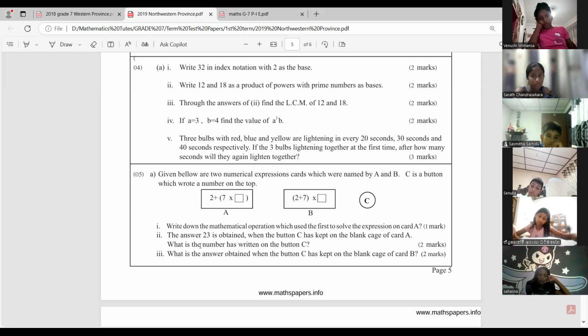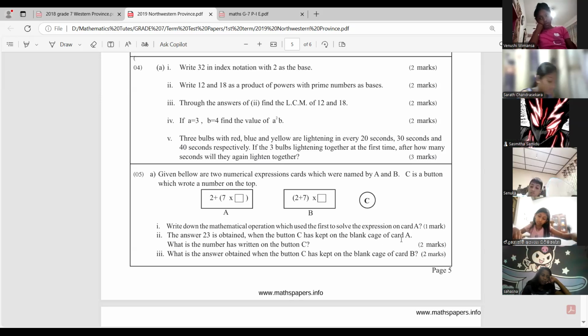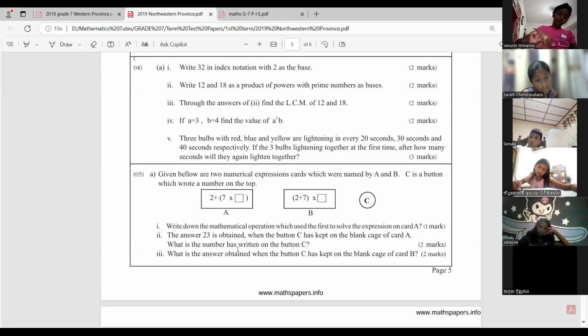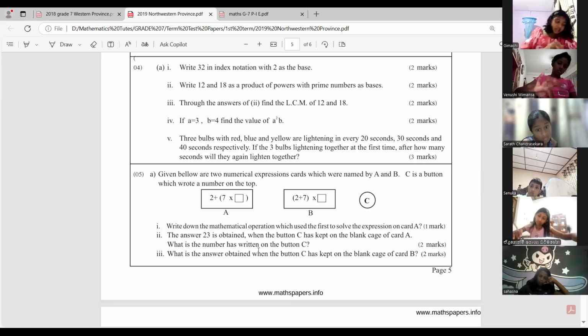Then the second part: the answer 23 is obtained when the button C is kept on the blank space of card A. Which number is written on the button C? When you press C, the answer comes here. The answer is 23.